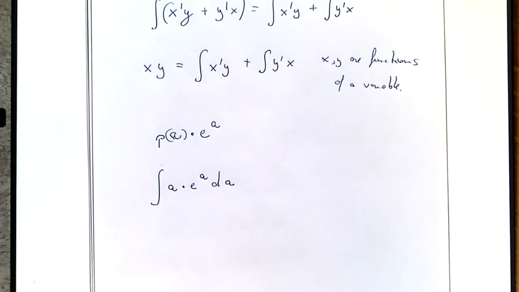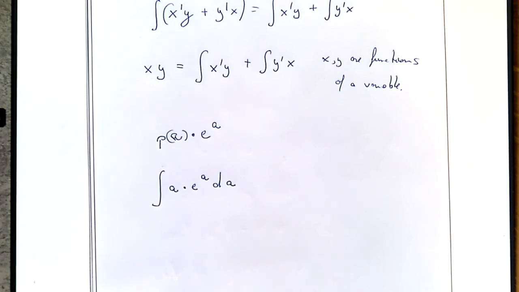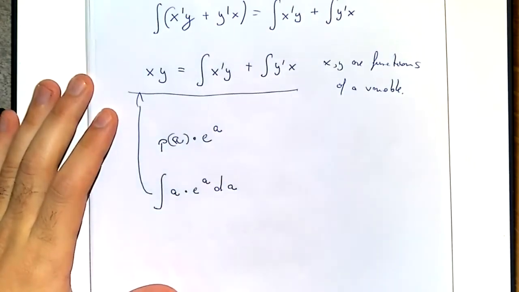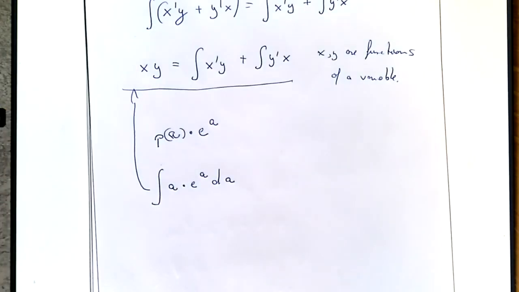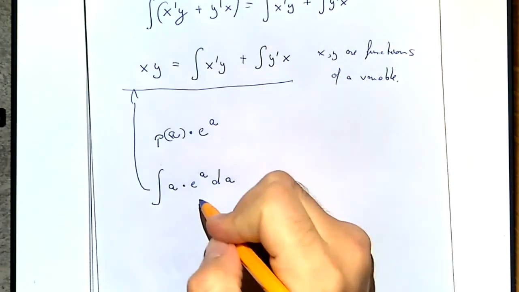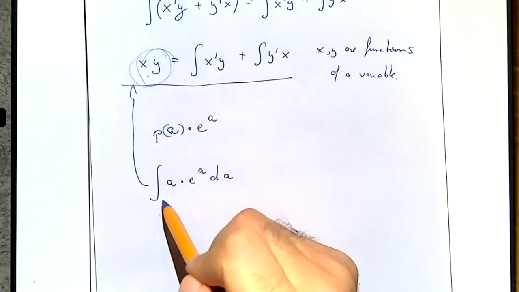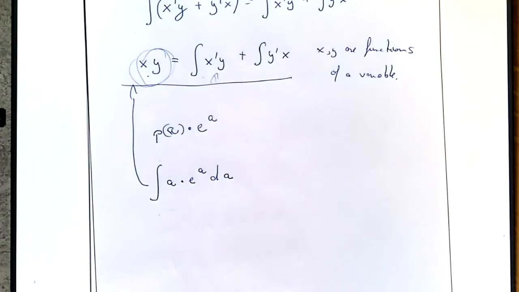Cool. So now I want to apply integration by parts to it. This is what I need to apply. What is my train of thought? This thing cannot be this xy, right? Because I have an integral, so it has to be here somewhere. So I need to write these functions somehow.